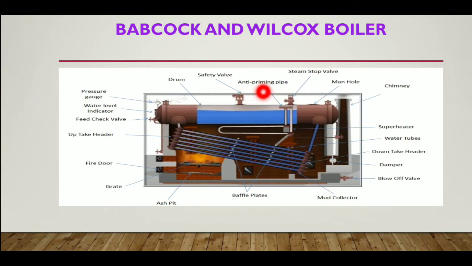If in the process wet particles are mixed with the steam, and this steam is supplied to the superheater, then this anti-priming pipe drops the water and separates the steam from the water, and it is fed to the superheater for superheating and saturation.